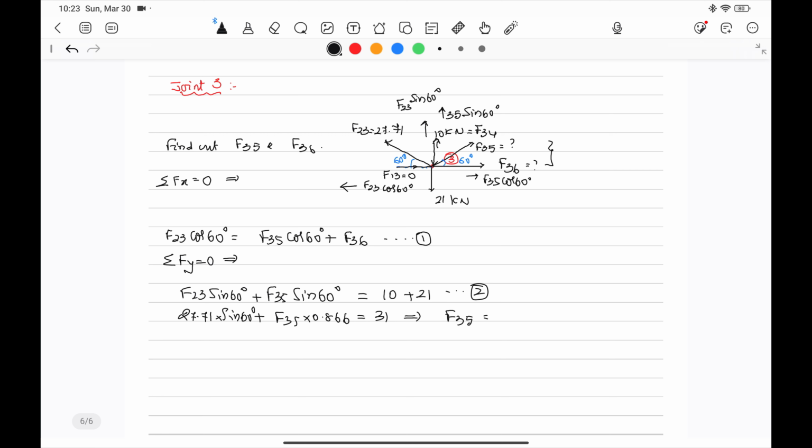Which implies F23 into sine 60 plus F35 into sine 60 is equal to 31.